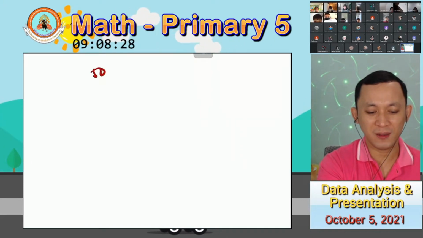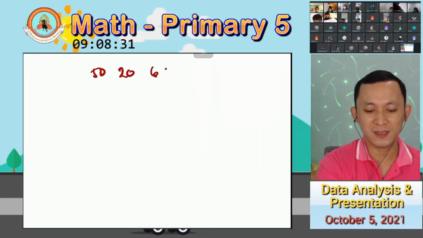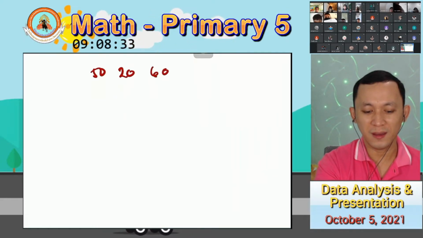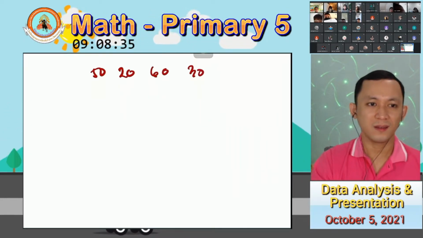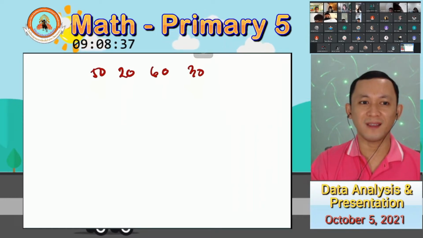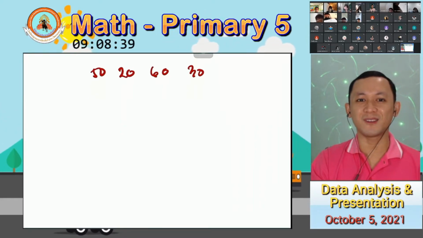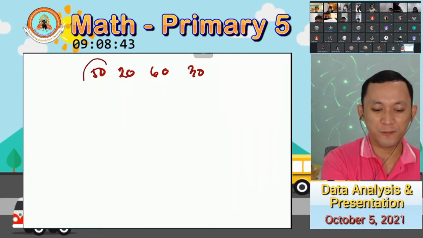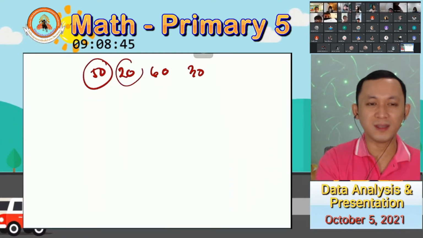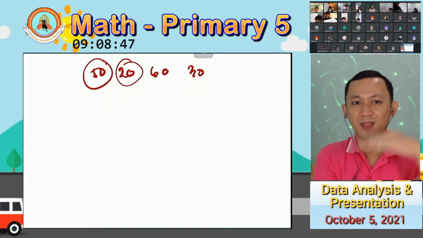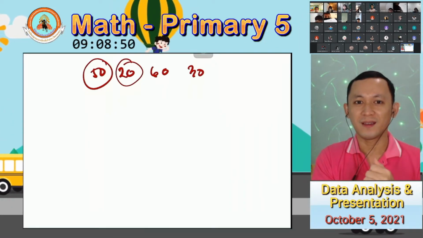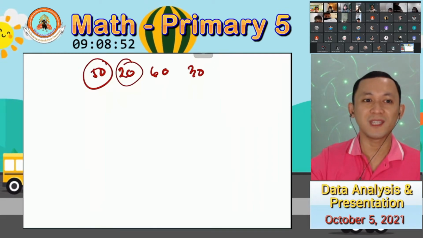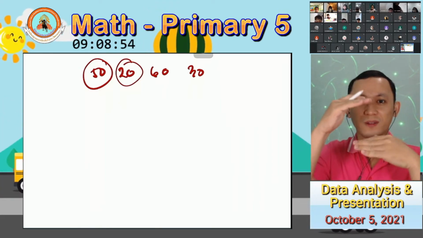Last year it was the same: if we have 50, then 20, 60, and 30, we do not need to use the kink. Do not use the kink, because that is very short.